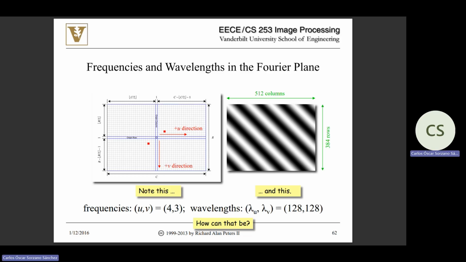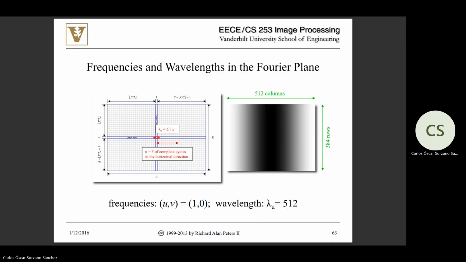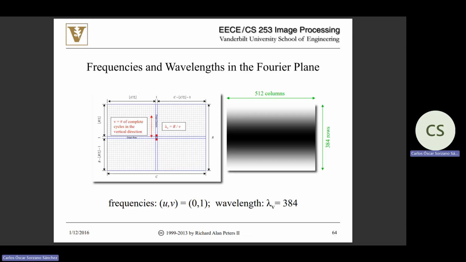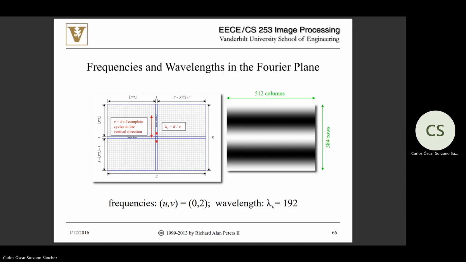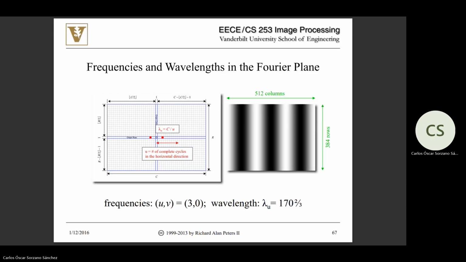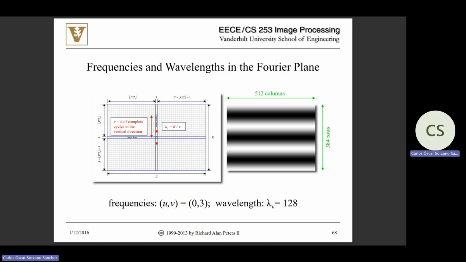And because your image is wider, you will have 4 cycles in one direction and 3 cycles in the other direction. So this is repeating the same reasoning we have done. This is rather repetitive, this part.